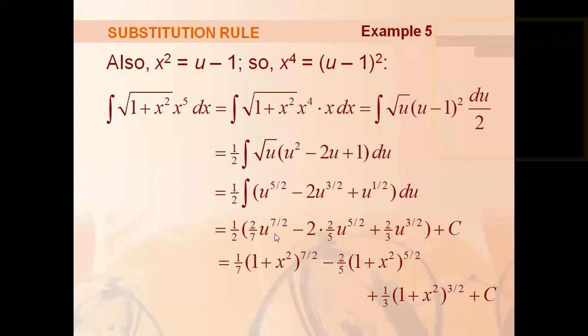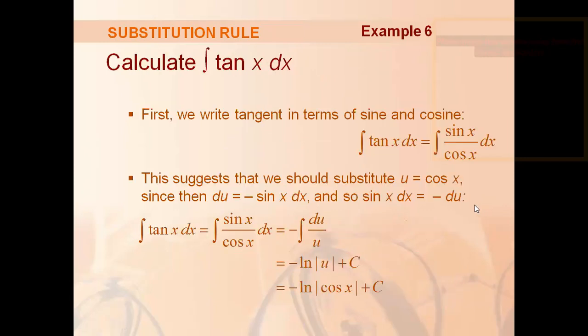Just using the power rule: u to the power 5/2 plus 1 divided by 5/2 plus 1, u to the power 3/2 plus 1 divided by 3/2 plus 1, u to the power half plus 1 divided by half plus 1. That means after integration, we get this. Remember, we have to put back the original variable of our given integral. So u equals what was? 1 plus x square. And this is the procedure.